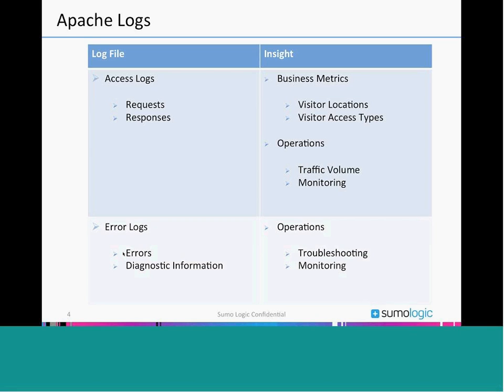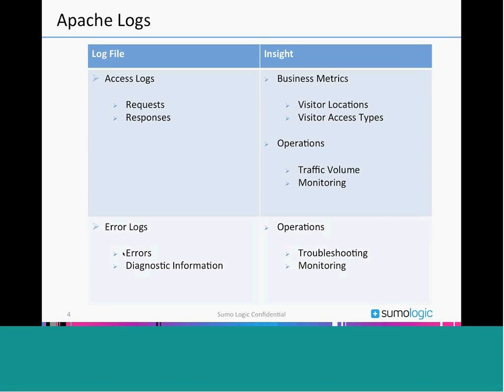From an operations standpoint, you can monitor traffic volume, and that will tell you if you are above or below your capacity. And since the server also records how it responded to clients, if you get a number of errors, you can tell whether there is something wrong on the server side or not.